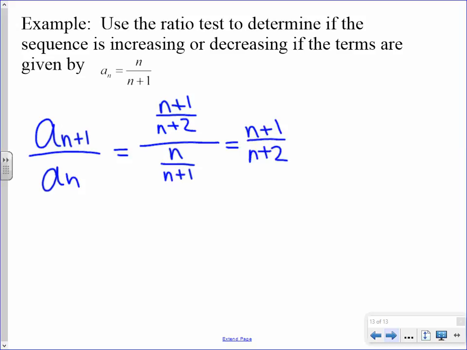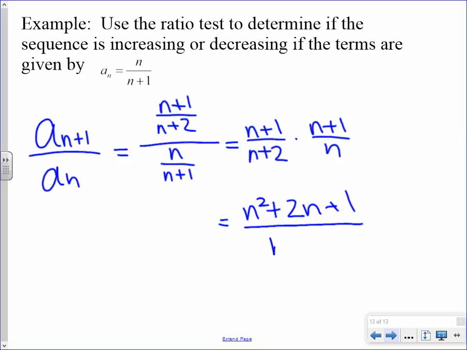We all know that when we divide, it means we're multiplying by the reciprocal. So we have n squared plus 2n plus 1 all over n squared plus 2n. Now, this test is not useful if you can't look at the fraction and easily determine whether it's bigger or less than 1.